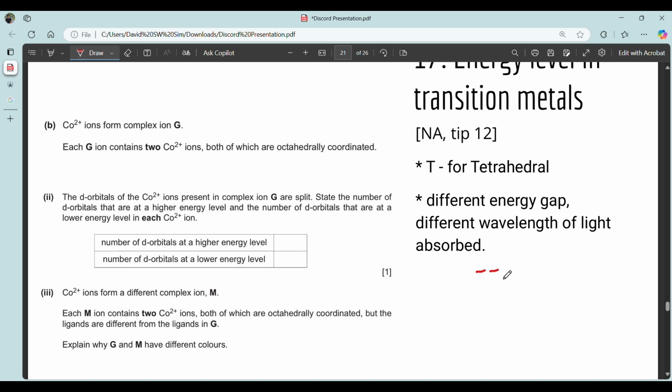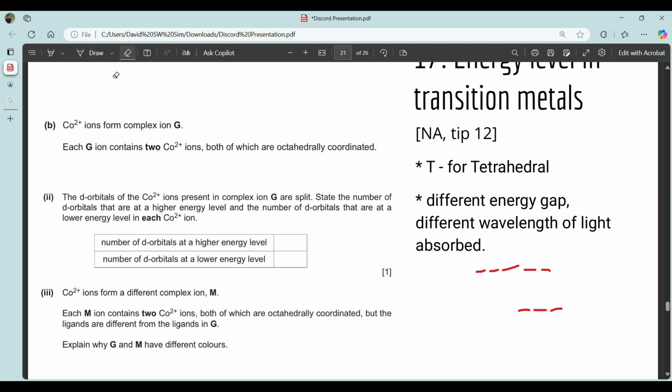Okay, so as everyone knows, there are 5 d orbitals. When ligands bind to a complex ion, they will raise the energy of these 5 orbitals. So if there are four ligands, 3 of them will be raised higher and 2 of them will be raised to a lower energy level.